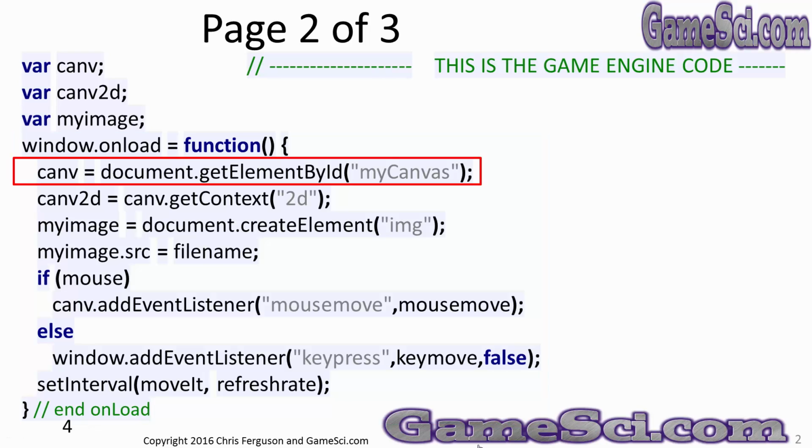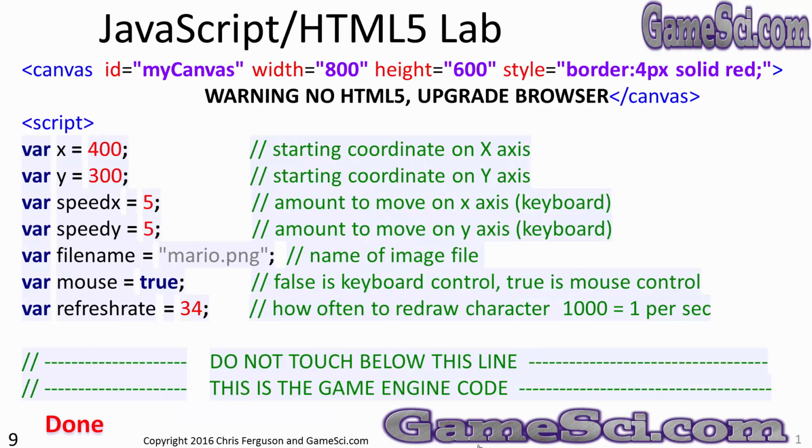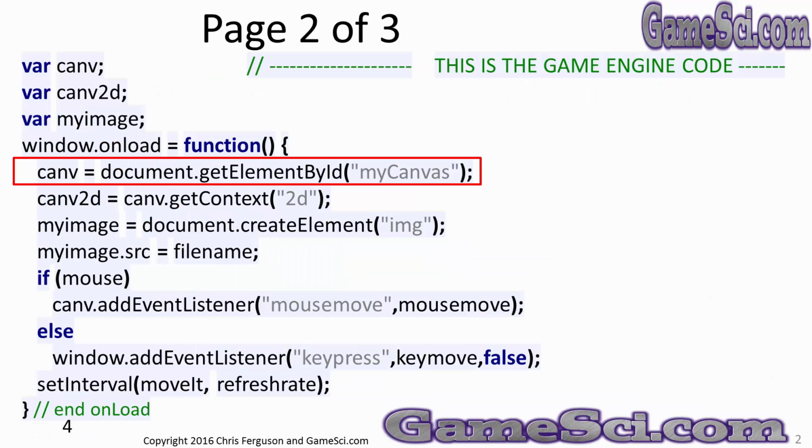So the first thing we're going to do is we're going to say canv equals document.getElementById myCanvas. Wow, how important is that? Remember how I said make sure on that previous slide you use an ID of myCanvas? There's the ID of myCanvas right there. This is a requirement that the ID has to be myCanvas. If you use a different canvas name, you would have to change that.